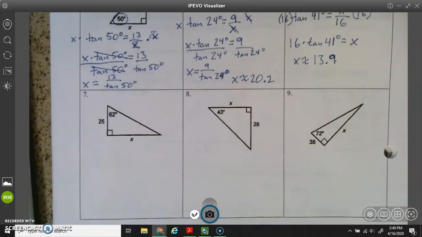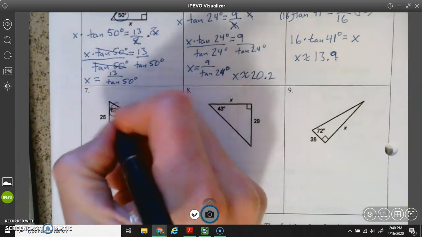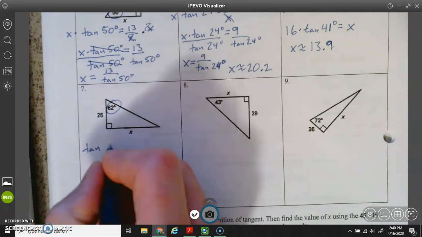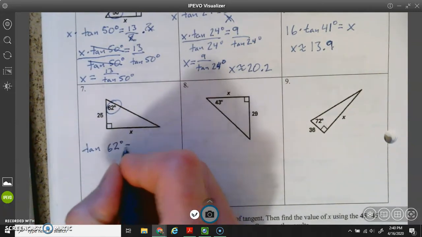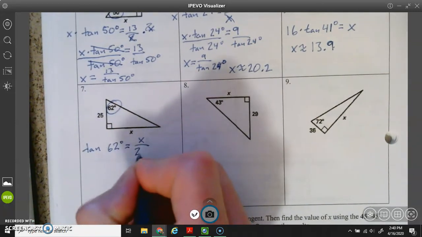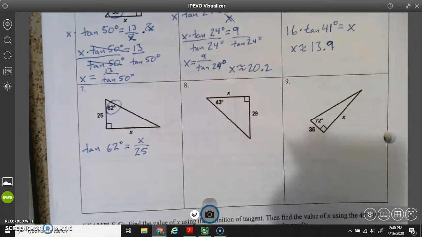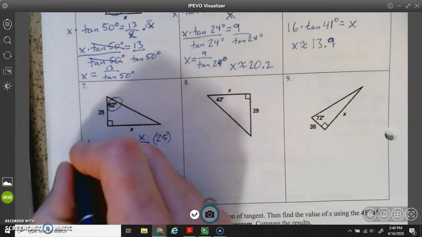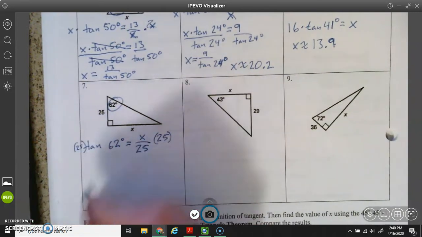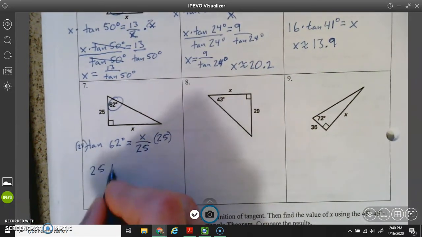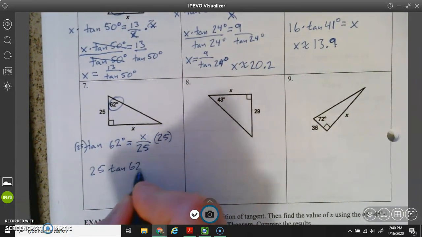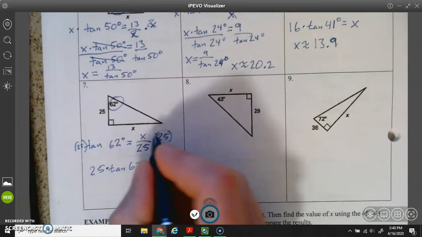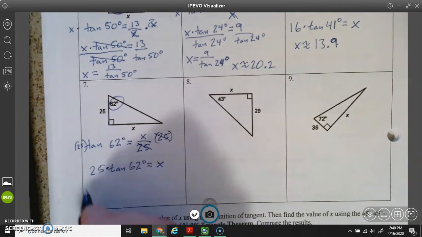Number 7. My reference angle here: I have tangent of 62 degrees is equal to x over 25. Again, x is in the numerator, so we're going to multiply by 25 on both sides. So I have 25 times tangent of 62 degrees is equal to, these cancel, so we're left with x.